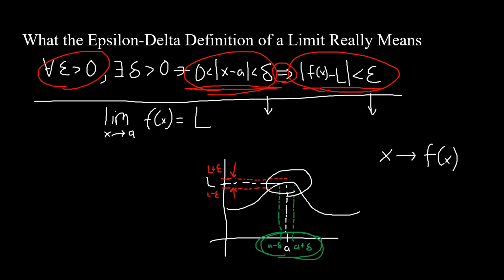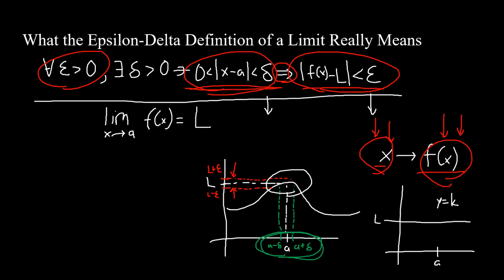And it is true that for most functions, as your range of f of x values gets smaller, the range of those x values that create those f of x values will get smaller as well, right? And this just comes down to what a function is, right? Which is just a relationship between x and f of x values. So obviously, if your input range gets smaller, then your output range will get smaller as well.